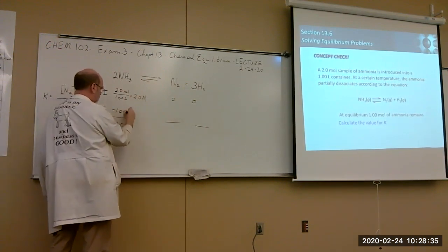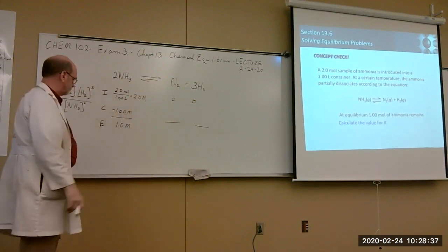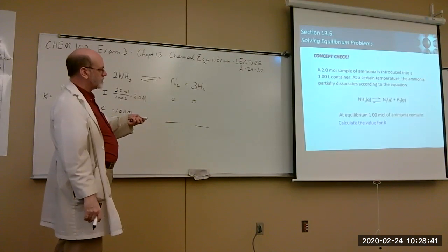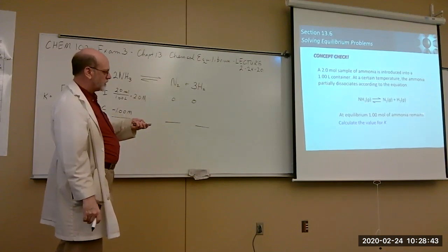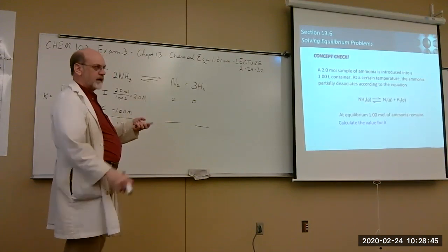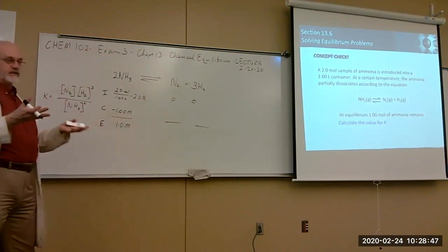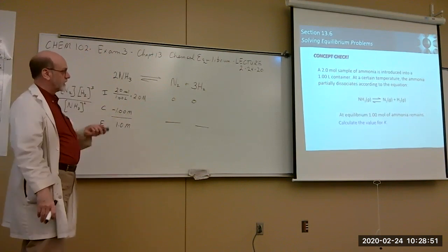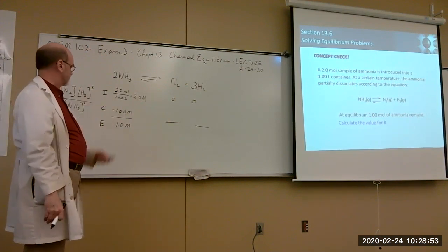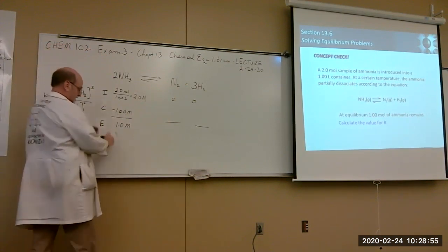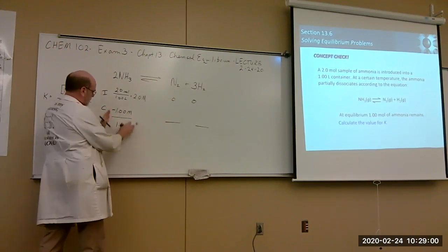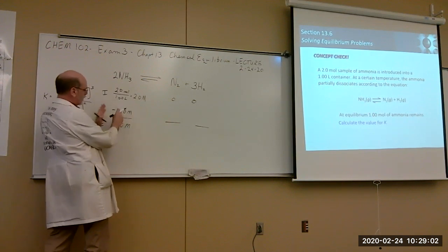It says we have 1 mole left over of ammonia, and the size of the container hasn't changed. So it's 1 mole per liter.